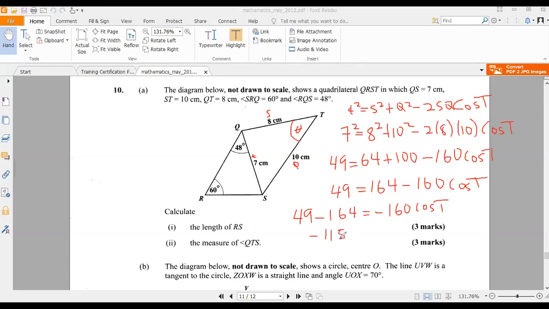It's equal to negative 160 cos T. All right, so we are going to divide now. We get negative 115 divided by negative 160 is equal to cos T.